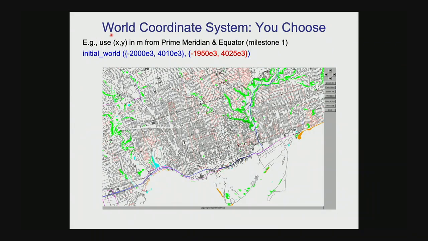So here I'm showing an example where this is minus 2000 E3, and that's a reasonable initial world coordinate for the Toronto map, but you should not hard code this, because you will need to open different maps, and different maps will have different coordinate systems, okay?